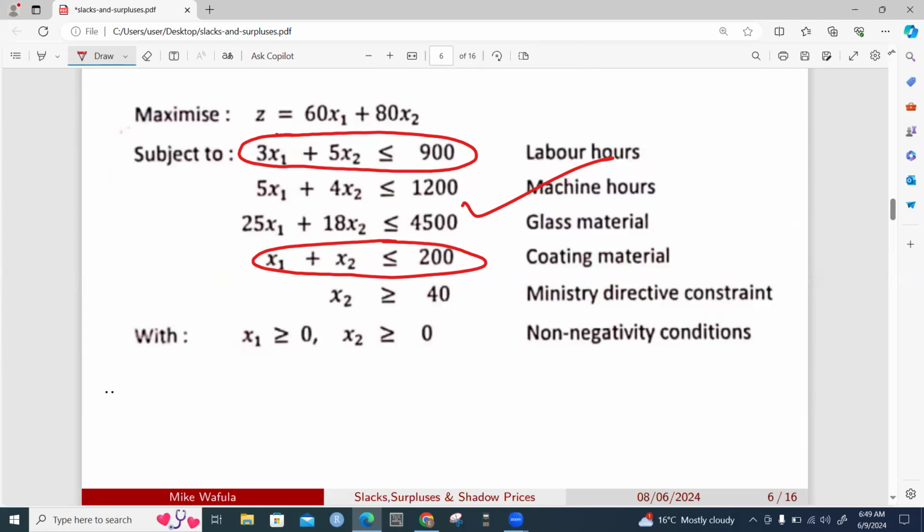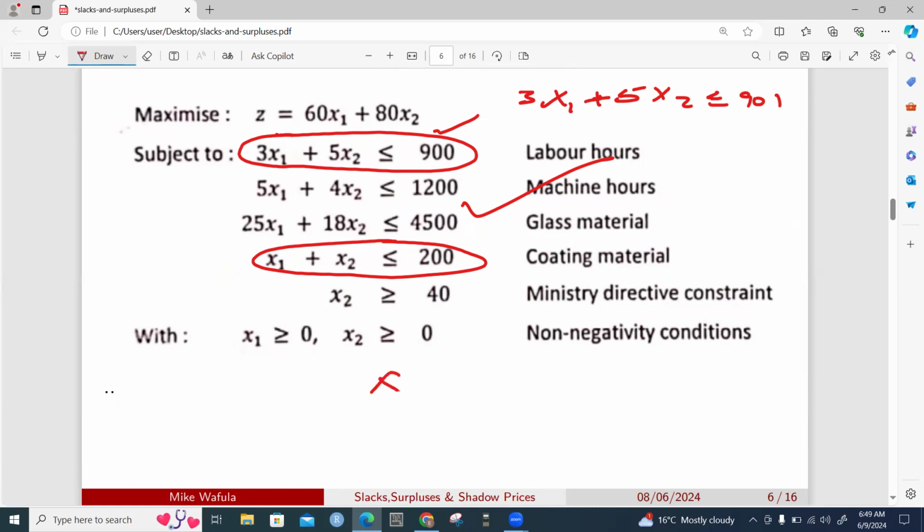For example, if I pick the labor hours and ask what happens to the optimal solution if I change that constraint to 3x1 plus 5x2 less than or equal to, let's say, 901 and not 900. So I've now changed the labor hours. The change is an increase by 1 unit. So how will that 1 hour increase affect our optimal solution?